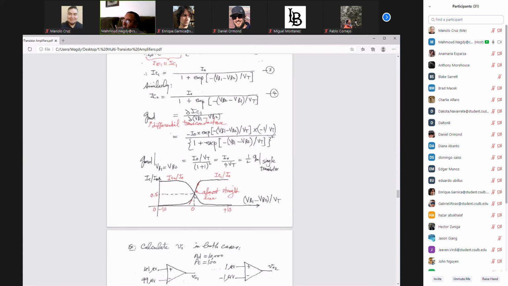Maybe someone in the EE 330 course has told you that already. As a matter of fact, the derivation of the small signal model: you use it only when there is linear performance. Well, that's not 100% linear, but we can make a good approximation and say, okay, this is almost linear.